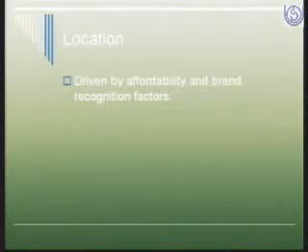Driven by affordability and brand recognition factors. Now, the way they identified the regions or localities: one aspect is affordability, the second aspect is brand recognition.